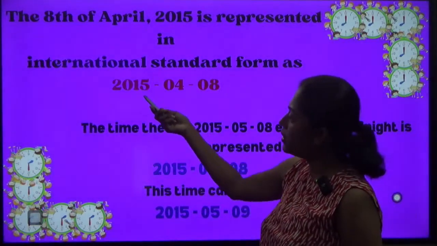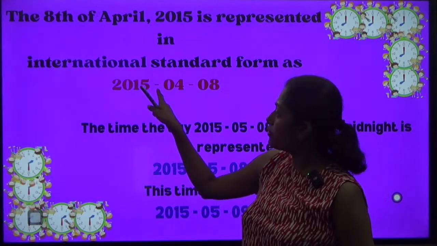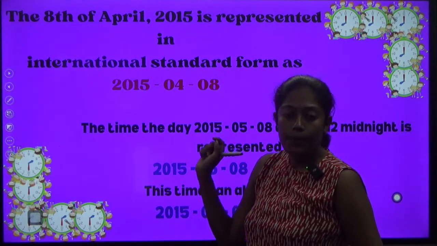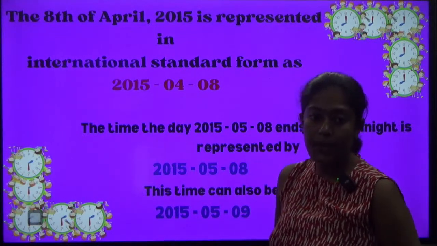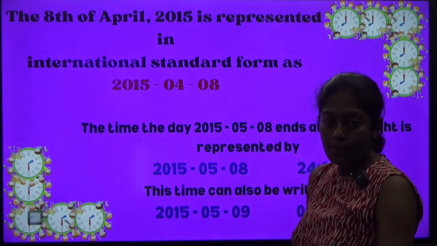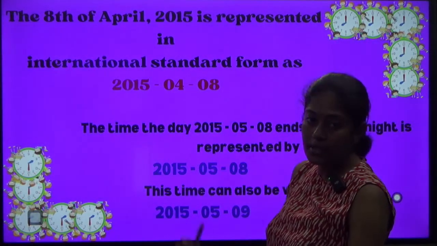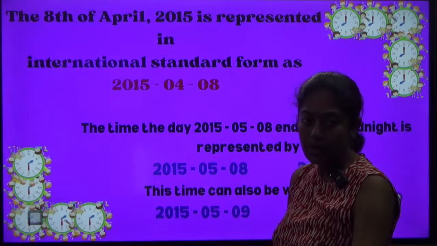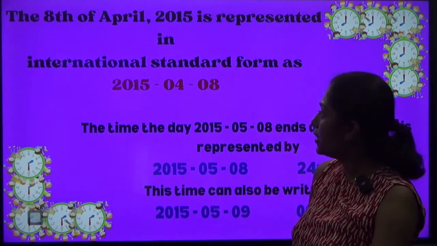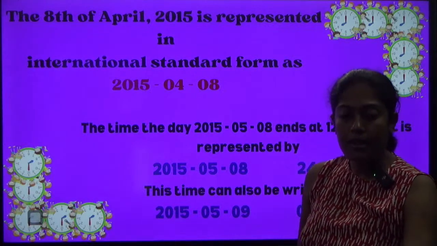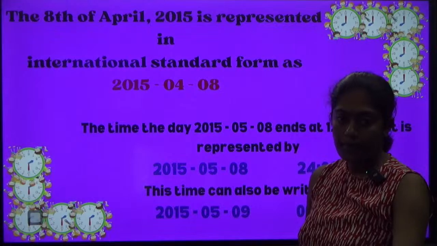First you have to write the year 2015, then you have to write a small dash, then the month, which is 4th. So you have to write it in 2 digits. Then next, the date is 8, and that one also you have to write in 2 digits. Got the idea?